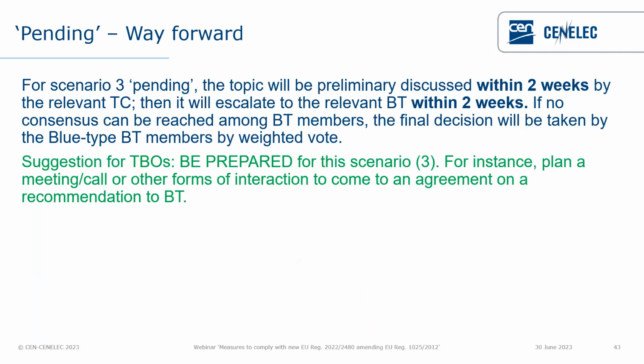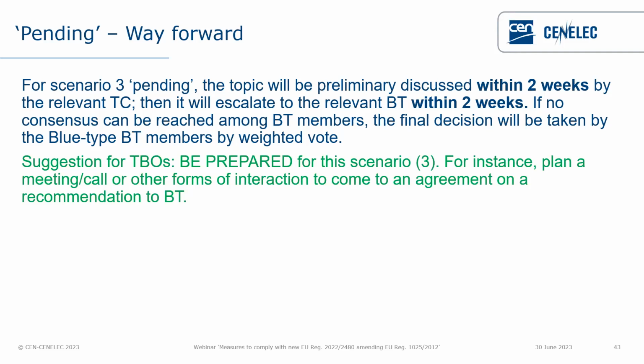And as before, please be prepared within the TC to react to the pending scenario and provide advice to BT. You can organize these. So you know that for the approval of a new work item via CIB, there are 2 months.